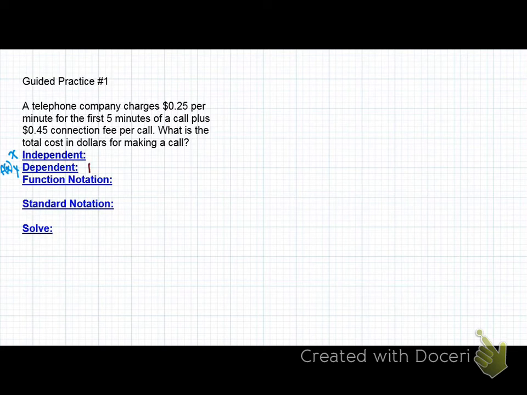So her dependent variable, I would write the following: the total cost in dollars. The independent variable would be how long she talked, right?